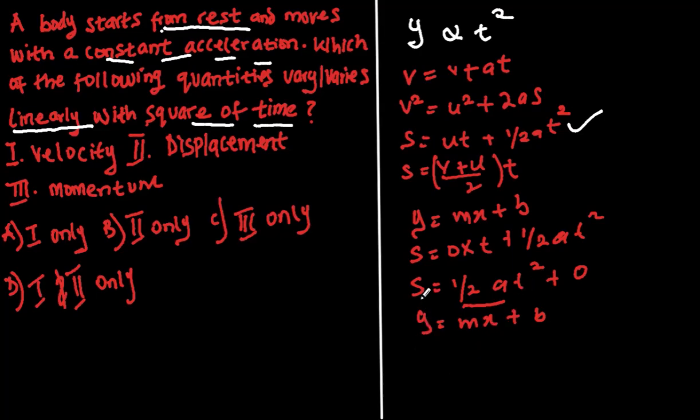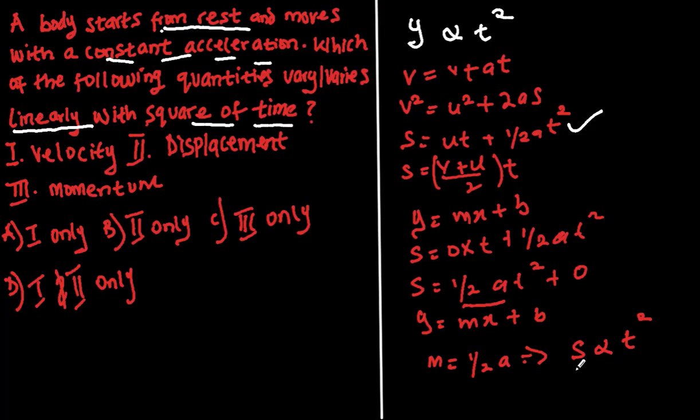So this equation is going to work because half of a is constant. My slope is half a, and then this equation varies linearly with t squared. So I can say s varies linearly as t squared because the others are constant.